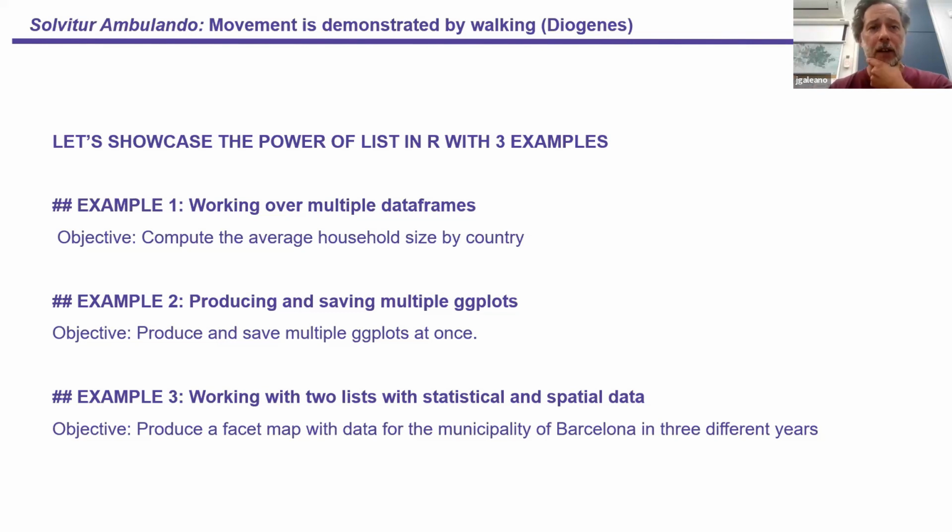Second, I think you will like this second example more. I will show you how to use lists and the lapply function for producing multiple ggplots and saving them. Now imagine this situation where you are making some sort of study.